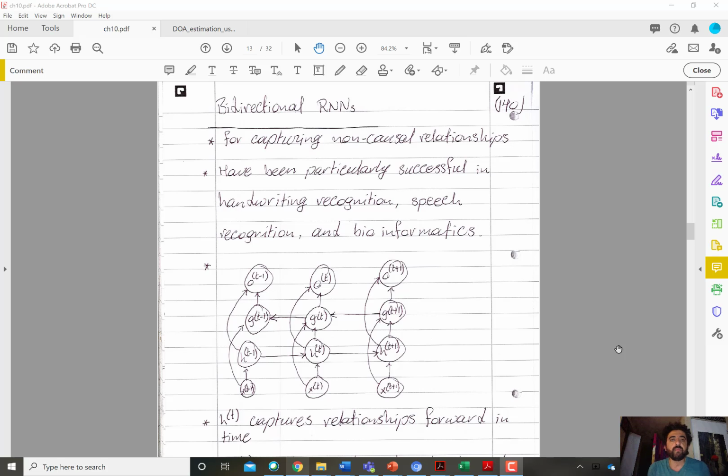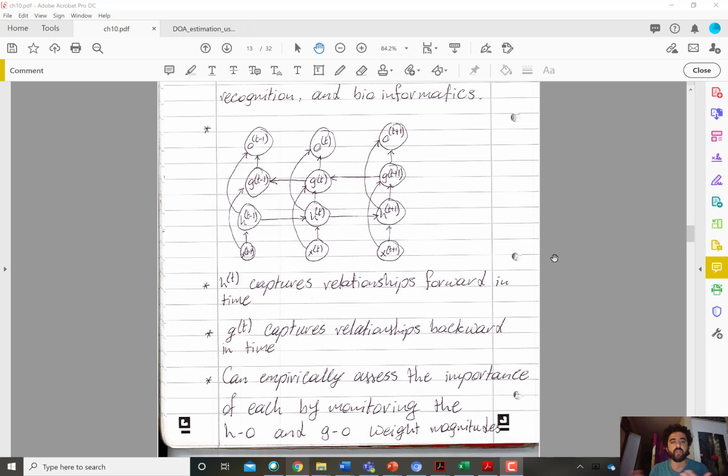And the idea behind bidirectional recurrent neural networks is very simple. Basically, you have two parts of the network, or two sub-networks, one going forward in time, right? So here the H's represent hidden states that capture temporal correlations that are causal, or going forward in time. And the G's are hidden states that represent the temporal correlations that go backward in time, or the non-causal part.